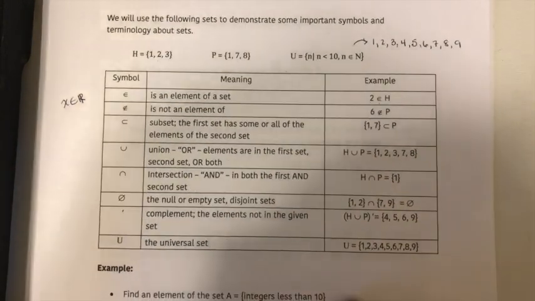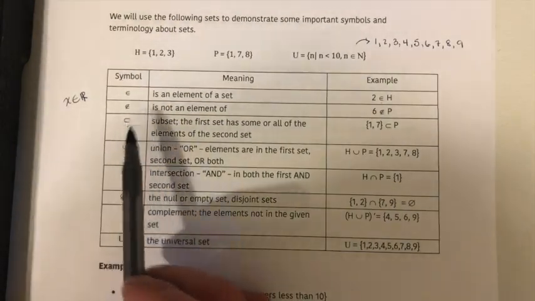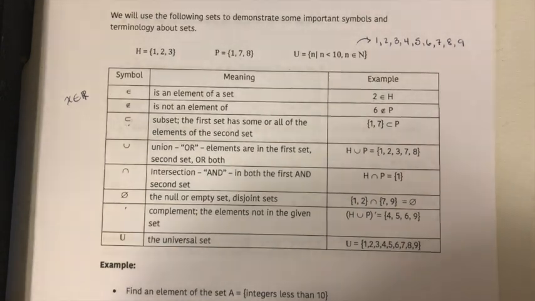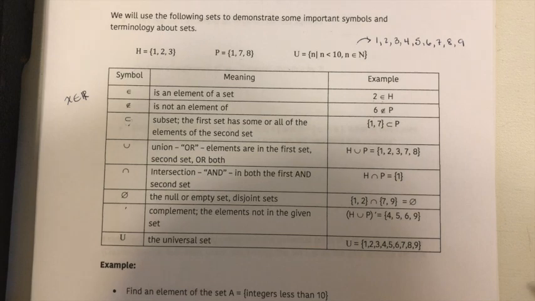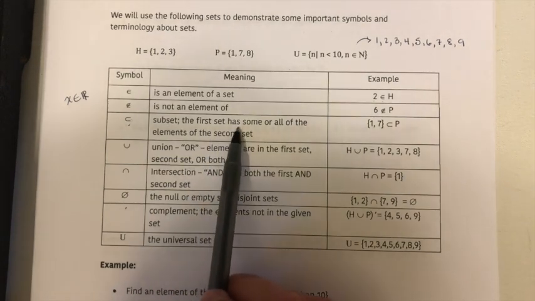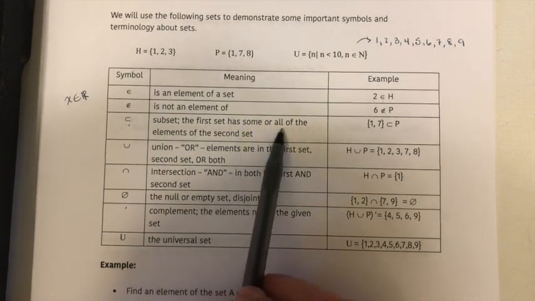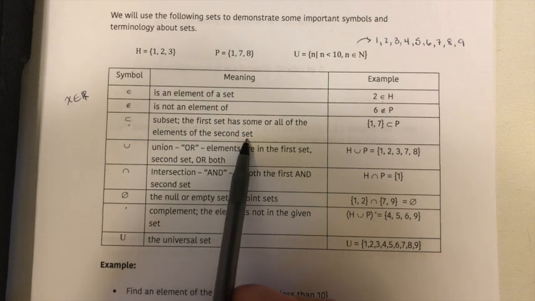The next one is a subset. It's kind of like a sideways U, like an extended little C, but it means subset. It means the first set has some or all of the elements in the second set.